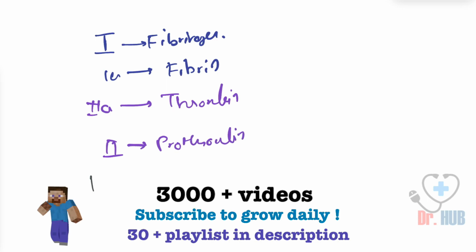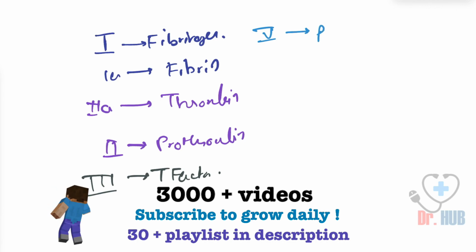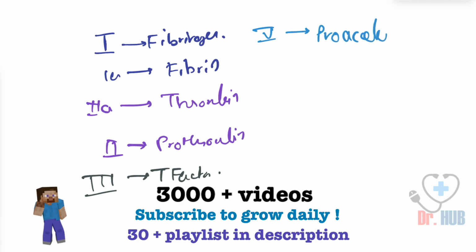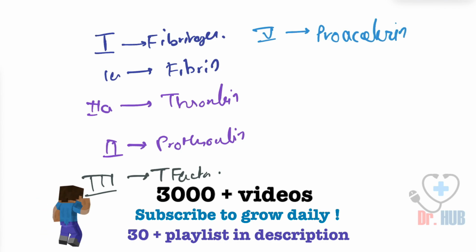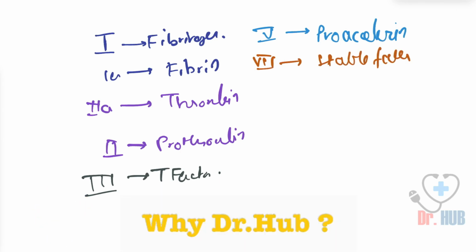Next, 3 is for the tissue factor. Then after 3, we look at 5. 5 stands for proaccelerin. Then 7 stands for stable factor.